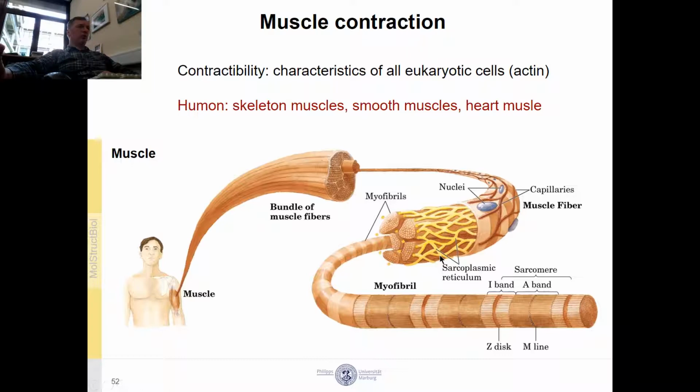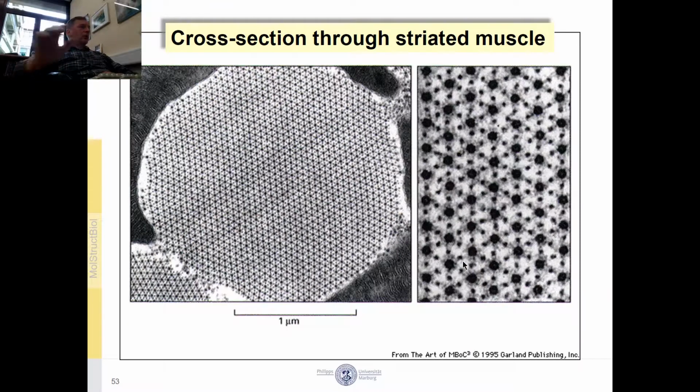That's the overall architecture. And this is enwrapped with the sarcoplasmic reticulum, which is an endoplasmic reticulum specialized for this kind of polynuclear cell.